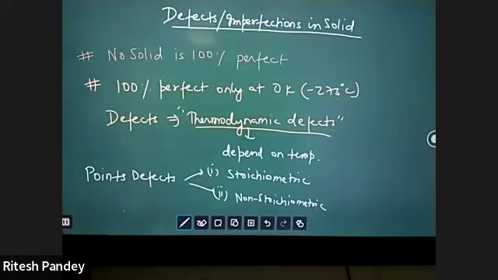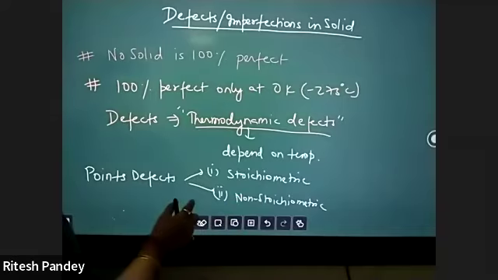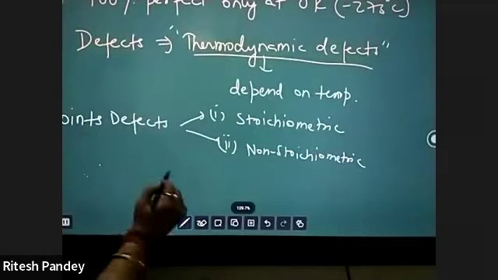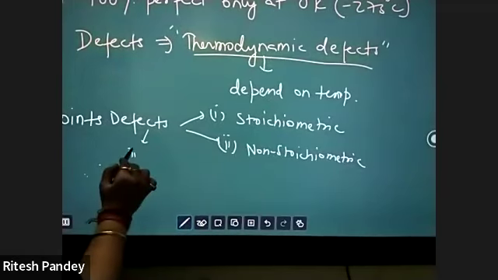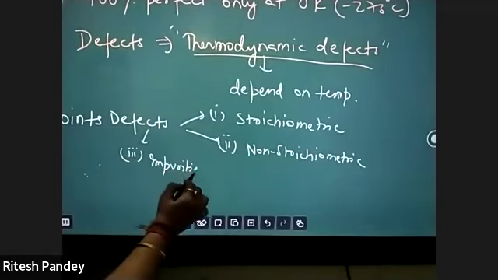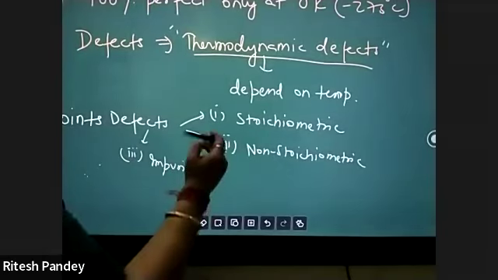There's going to be another type which is because of an impurity creeping in, but these are the two prominent ones. I repeat, there could be a third type of defect due to impurity, but we'll take only these two into account.